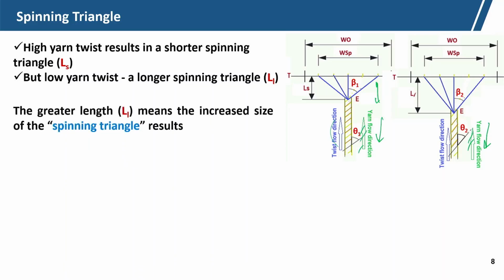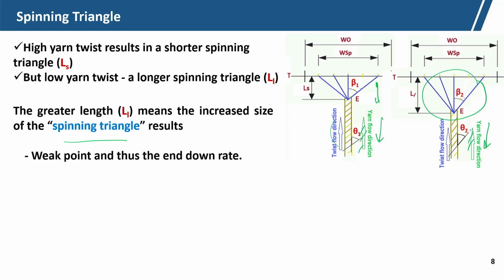The greater length means an increase in the size of the spinning triangle, which results in a weak point and thus ends down. So, here the ends down will be high with a higher length.